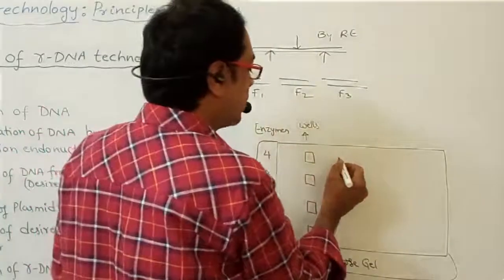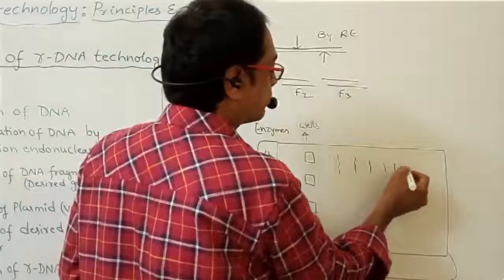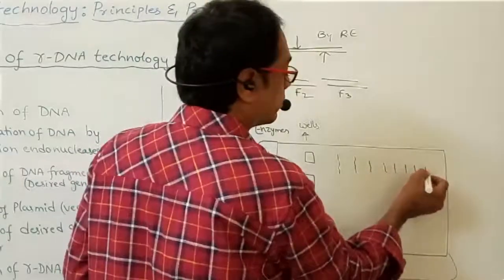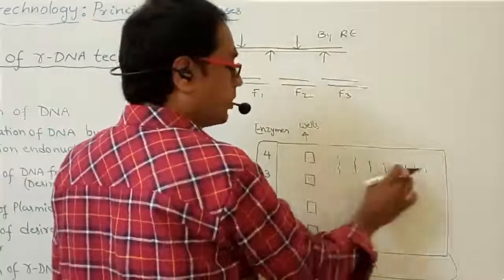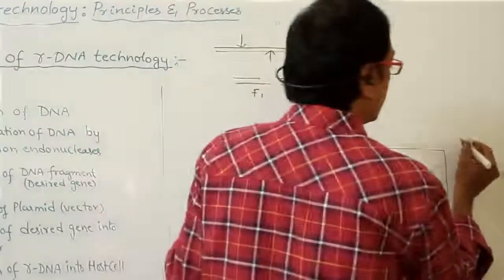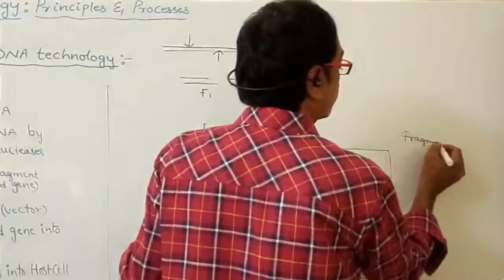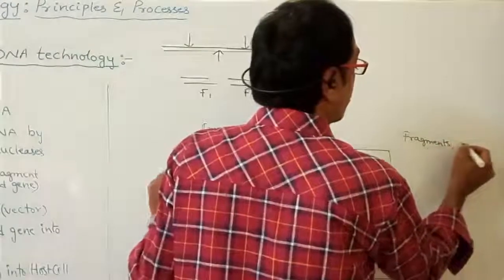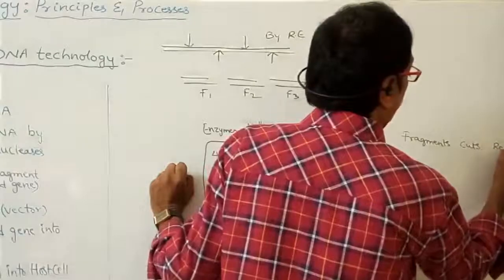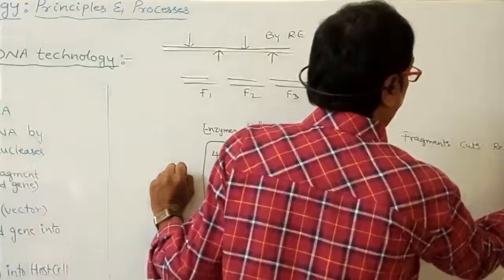Then the separation of the DNA fragments will occur. So these are the DNA fragments. Now I am writing here: number of fragments, number of cuts, number of recognition sites.